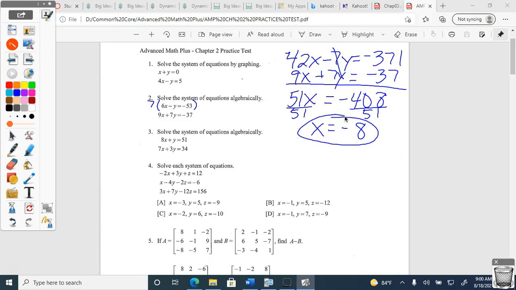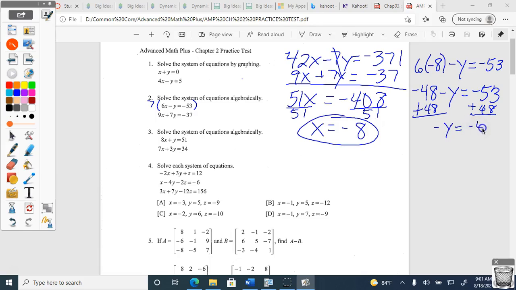So I'm going to plug it into the first one. 6 times -8 minus y equals -53. That would be -48 minus y equals -53. You add 48 to both sides, you get -5. So y equals +5. So your answer is -8 and 5. Okay?